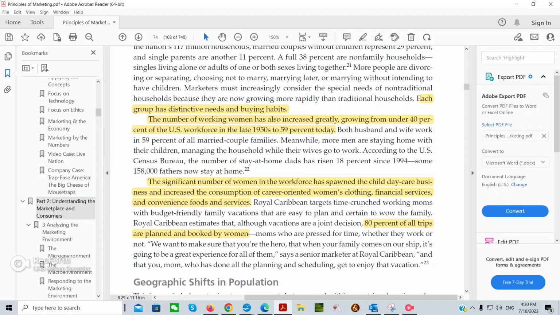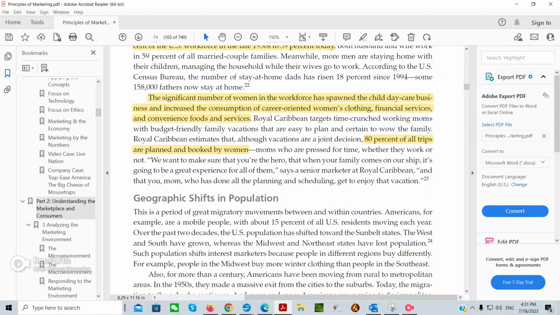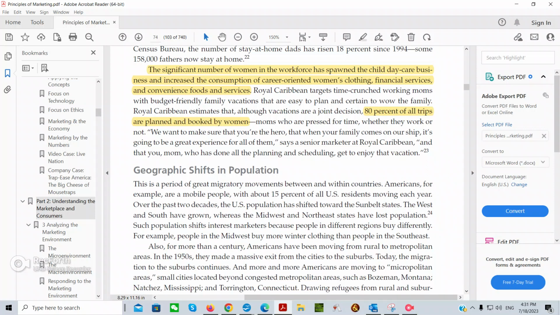"We want to make sure that you're the hero, that when the family comes on the ship, it's going to be a great experience for all of them," says a senior marketer at Royal Caribbean. Unquote. And that you, mom, who has done all the planning and the scheduling, get to enjoy the vacation.